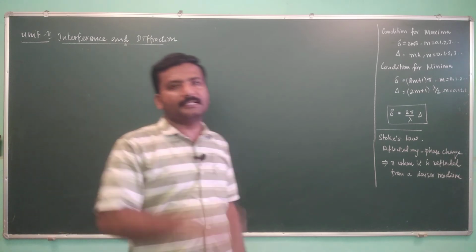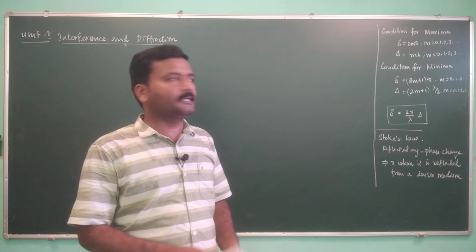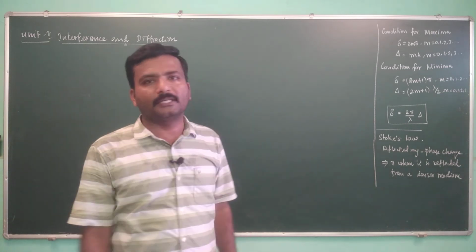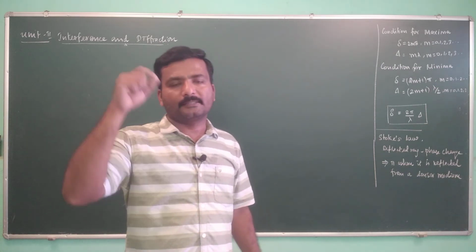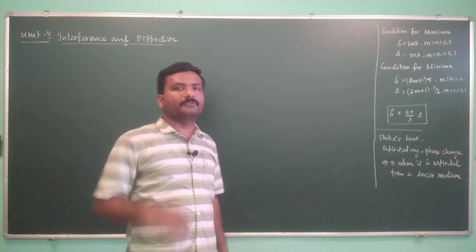For this purpose, let us consider a thin film of thickness T, and we will derive the condition for maxima and minima, and see how multiple colors occur when white light is made to be incident on a thin film of thickness T.